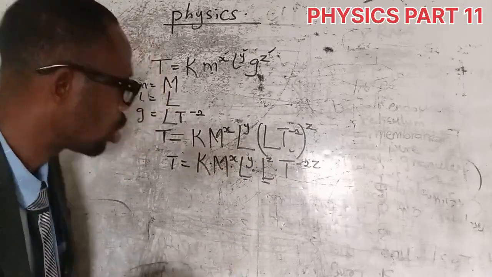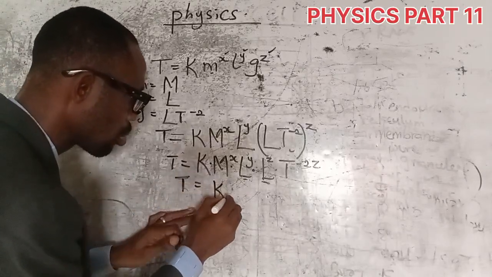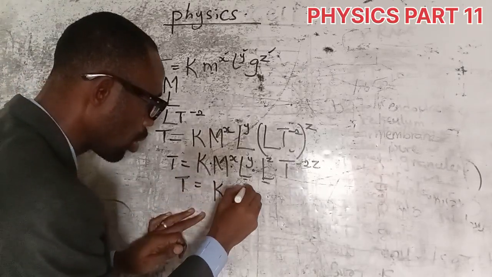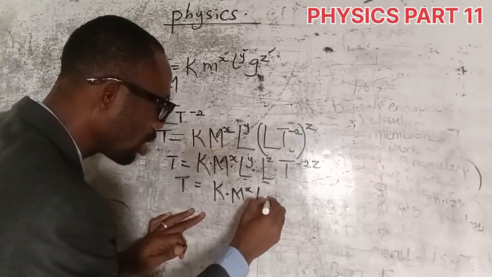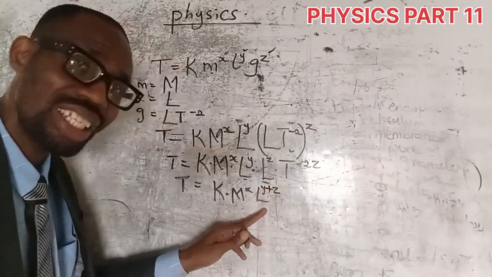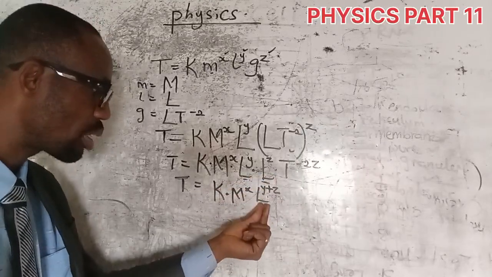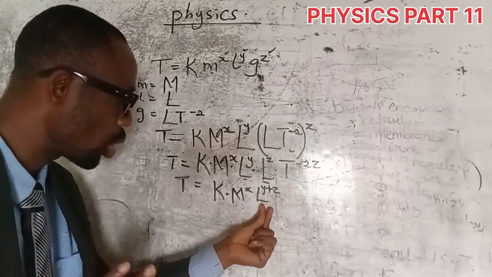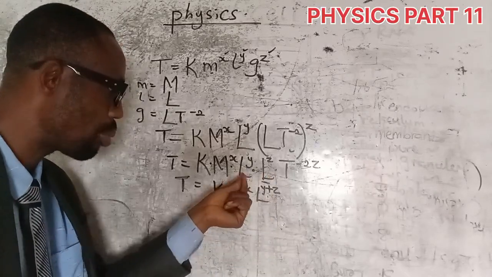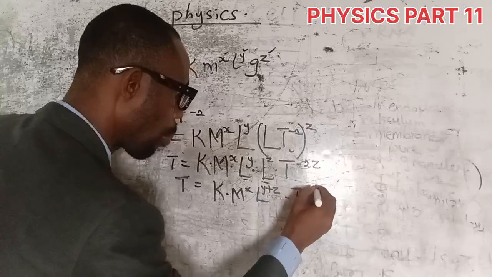Are you with me? So T will be equal to K, M raised to power X, L raised to power Y plus Z. Since the bases are the same, to make the base stand alone you must add their powers. Then dot T raised to power minus 2Z.